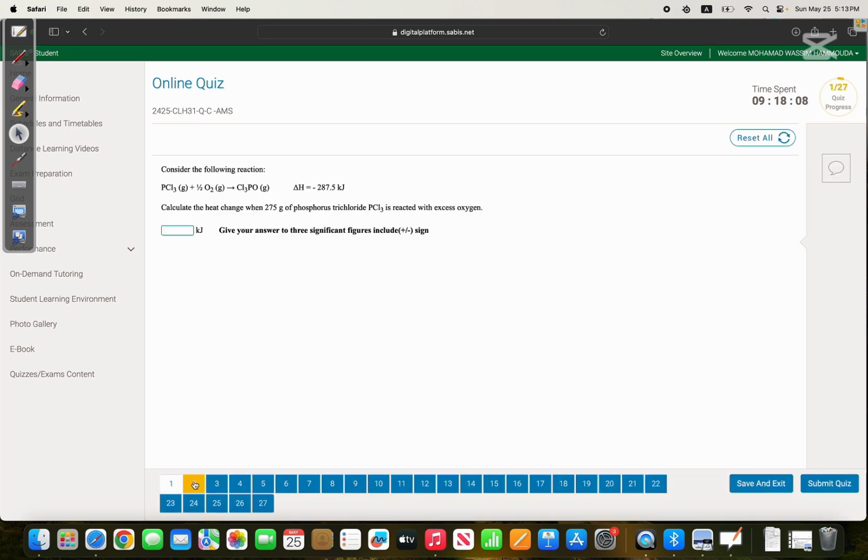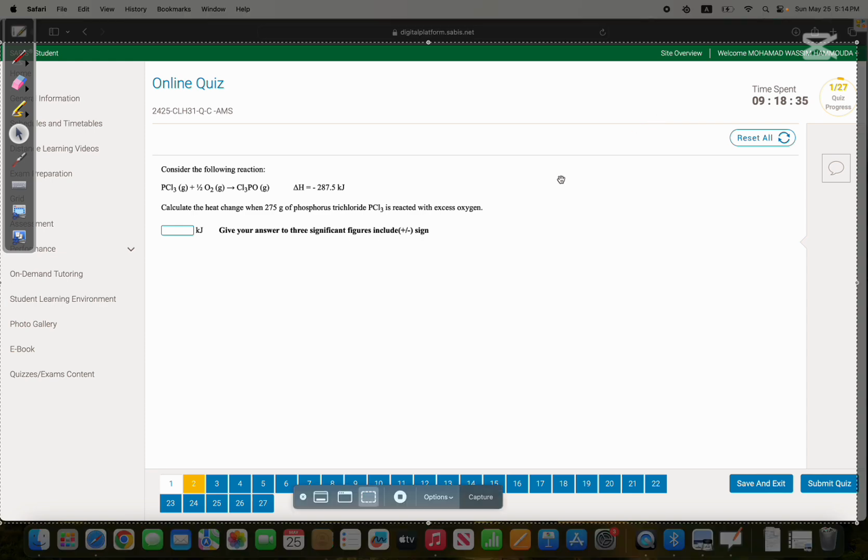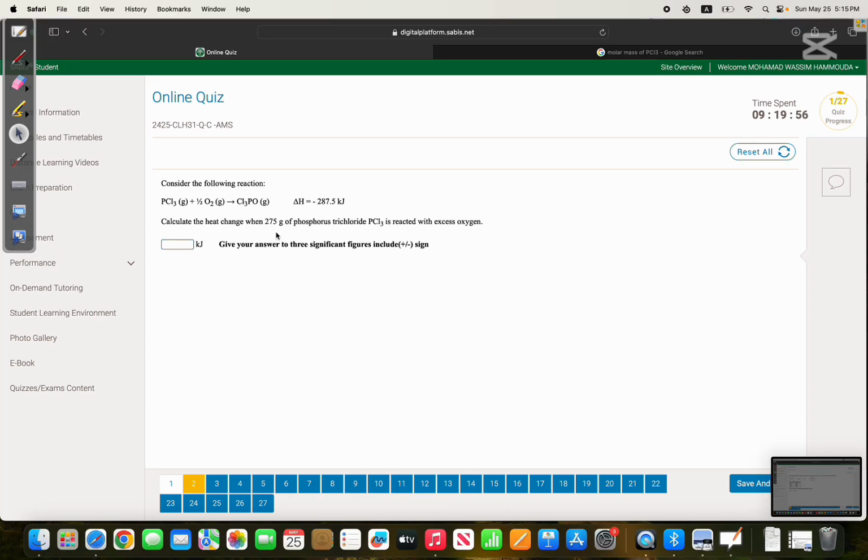Number 2. Calculate the enthalpy change when 275 grams of phosphorus trichloride is reacted with excess oxygen. Okay, so first we need to get the periodic table to know the molar mass of phosphorus and chlorine.